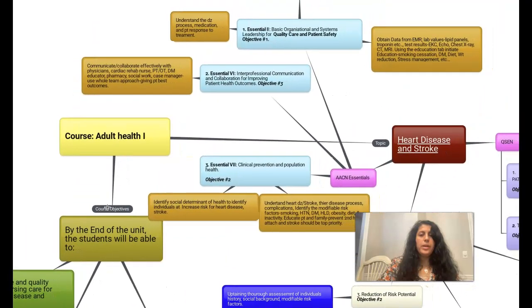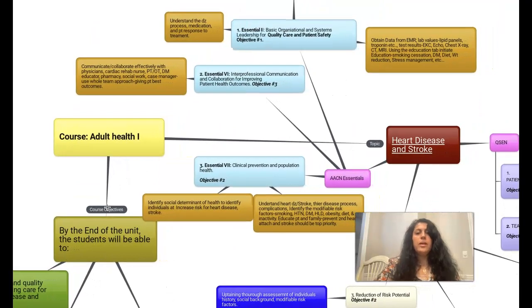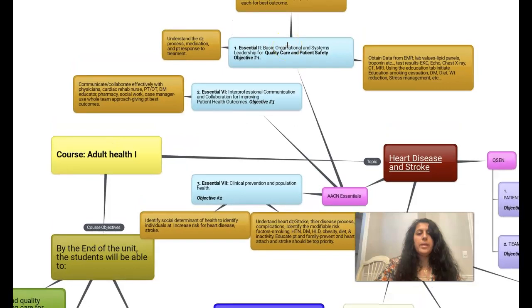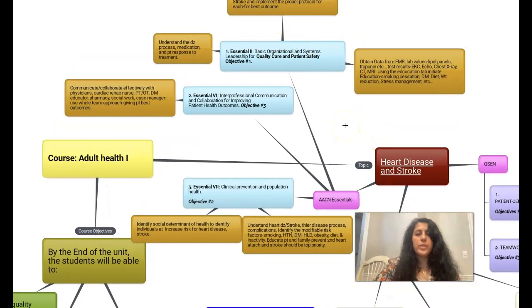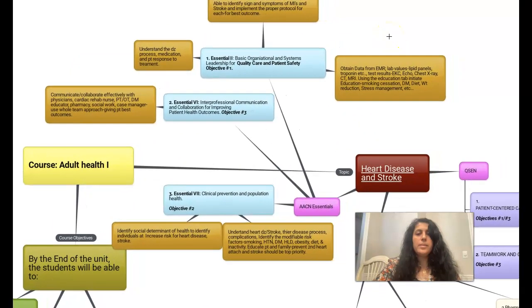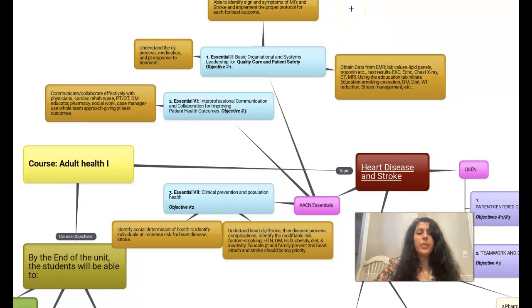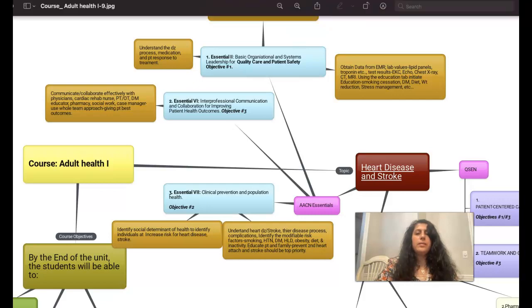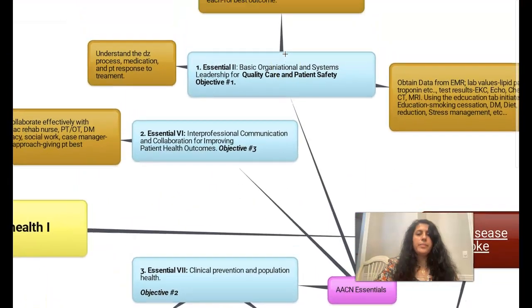The three essentials that I chose, which every baccalaureate program should follow, are under the AACN Essentials. Number 1 is basic organizational and systems leadership for quality and patient safety, and this supports objective number 1.